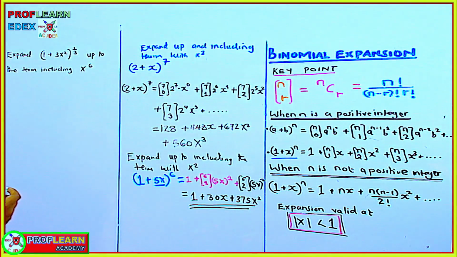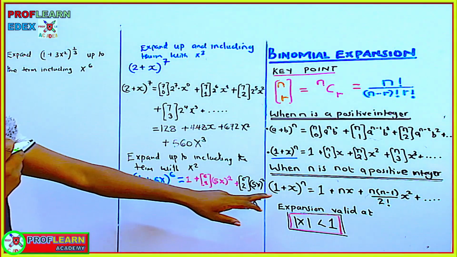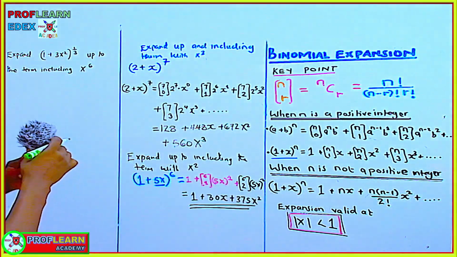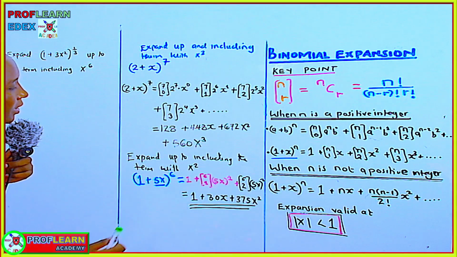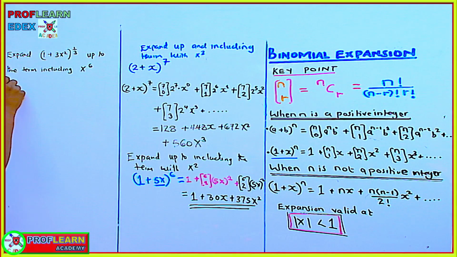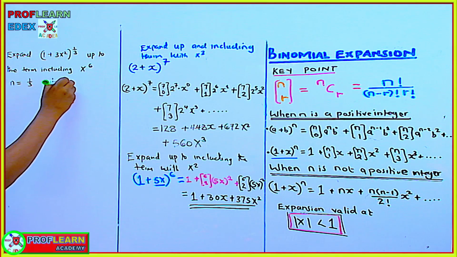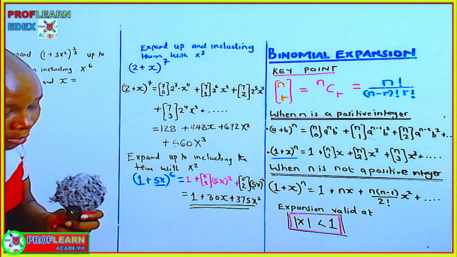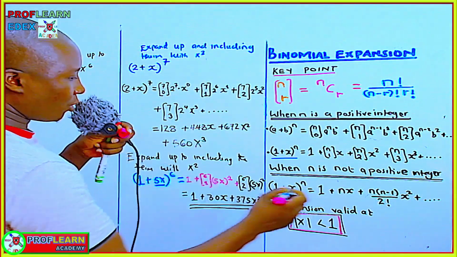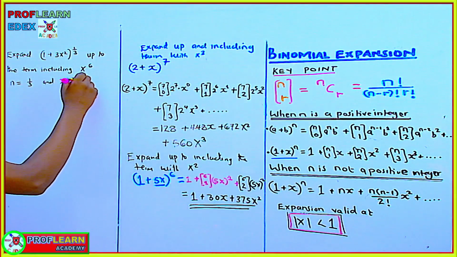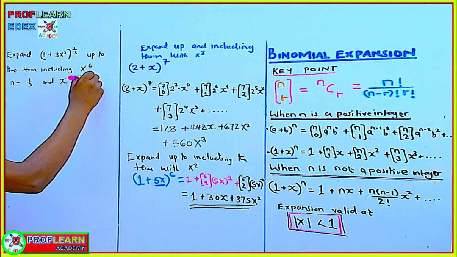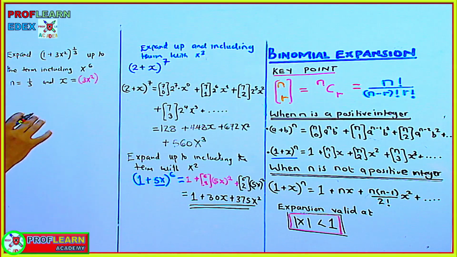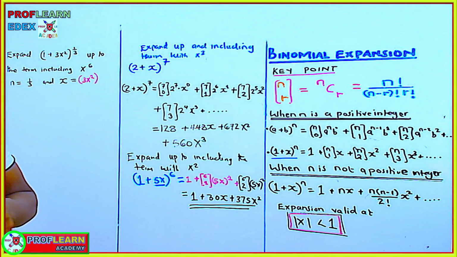Now, the formula states 1 plus x, but in this case our n is equal to 1 over 3, right? And our x, when we substitute, what are we going to put here? We are going to put 3x squared. This is what we shall be putting as our value of x.